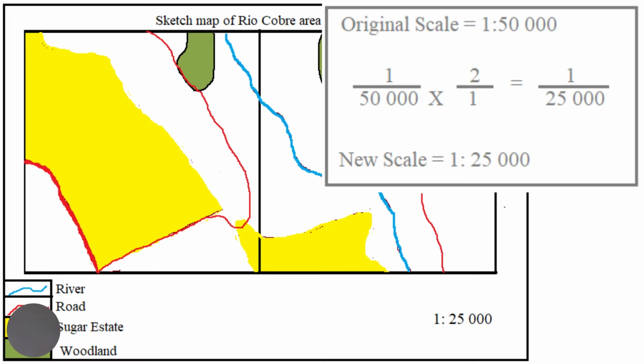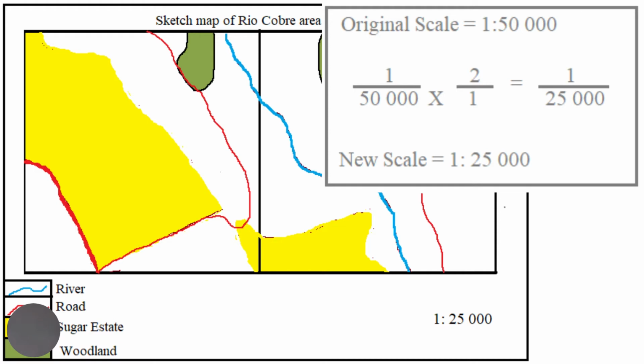So we put 1 over 50,000 multiplied by 2 over 1, which is the same as 2. After doing this, we will simplify by saying 2 into itself goes 1 time, 2 into 50,000 goes 25,000 times.